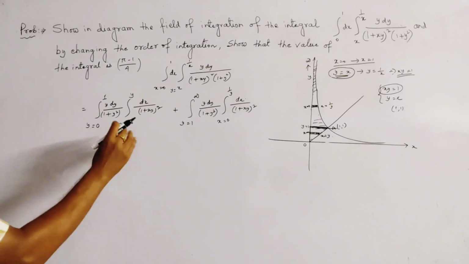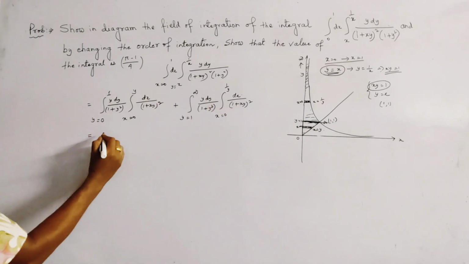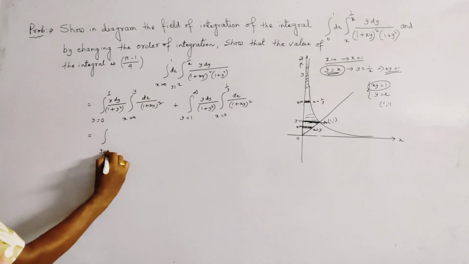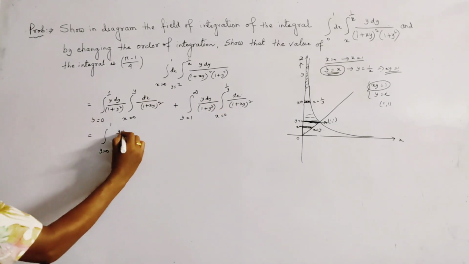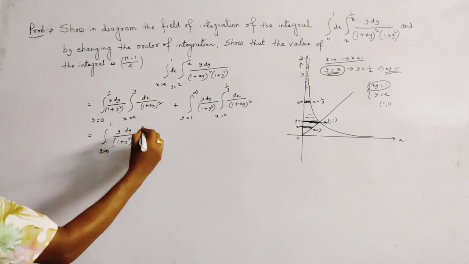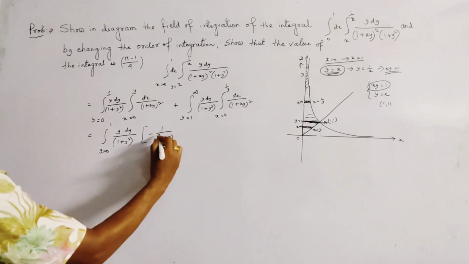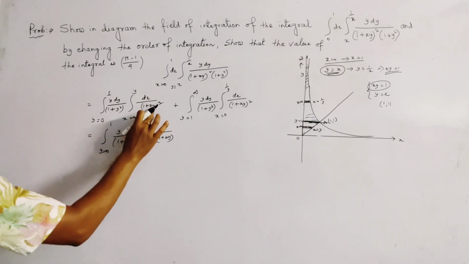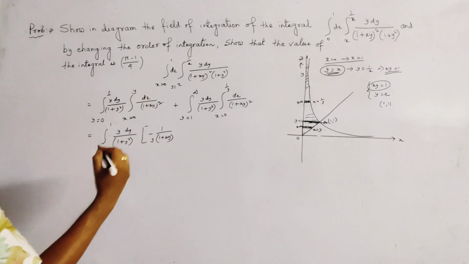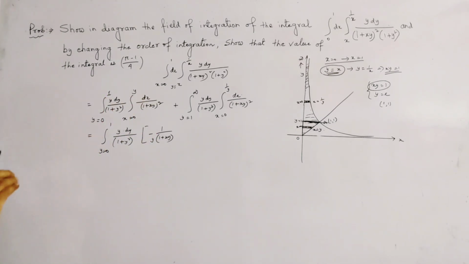Now we can easily integrate these two integrals. We get integration of y from 0 to 1, y dy by 1 plus y square, and this integration becomes minus 1 by 1 plus xy, and for this y we get another y, because here y is treated as constant.